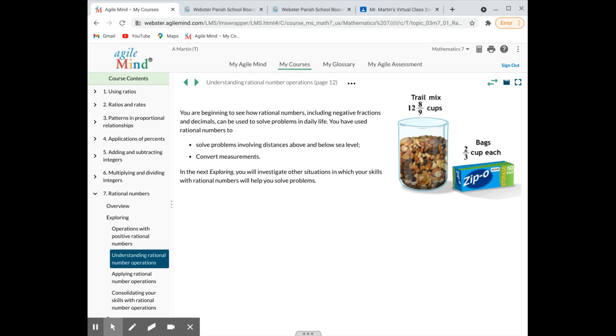So in closing to today's lesson, what are some U.S. customary and metric units for length? What do we do for the U.S. and what do we do for the metric? We did feet and meters. Feet and meters. All right. What do we do for weight or mass? What do we do for weight? Here we measure in pounds. All right, pounds or ounces.